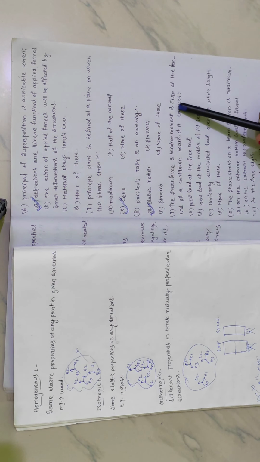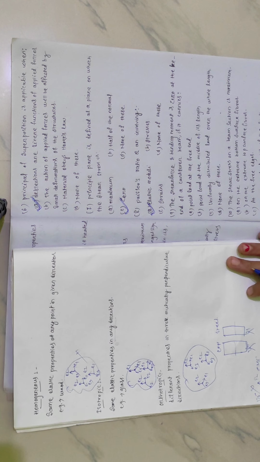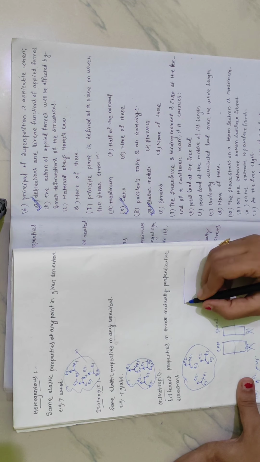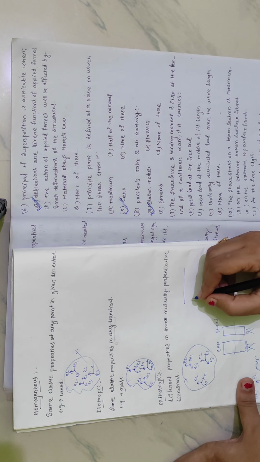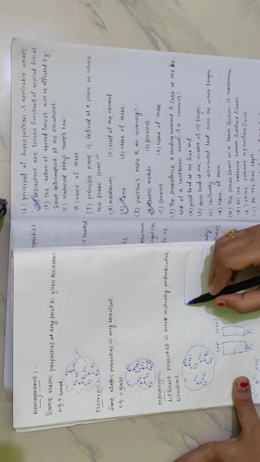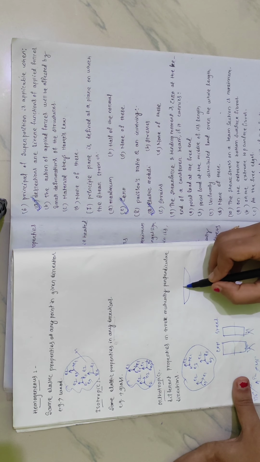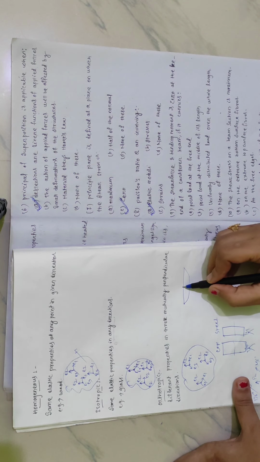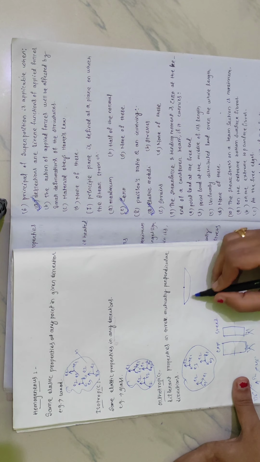The shear force and bending moment is 0 at the free end of a cantilever beam if it carries: point load at the free end, point load at the middle of its length, uniformly distributed load over the whole length, none of these. Free end means this is the free end of a cantilever beam.